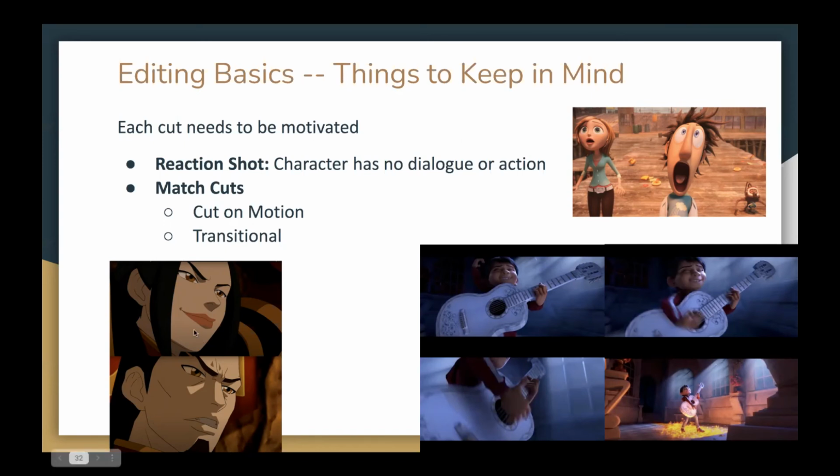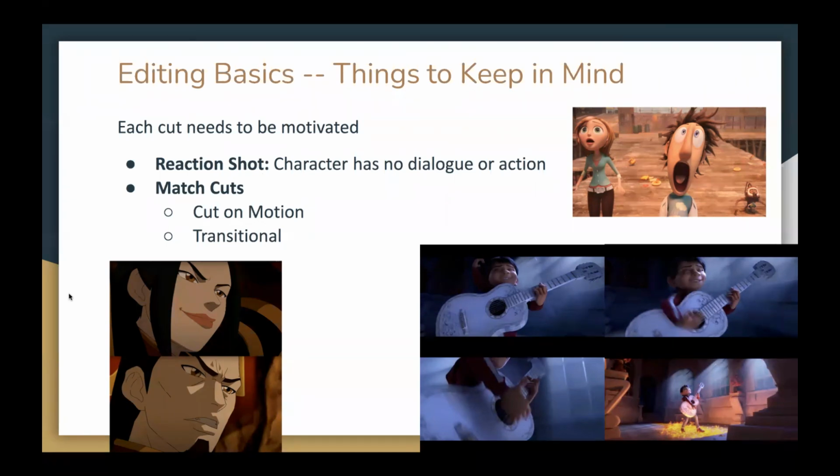And then over here, the transitional match cut. This is when it's going from one scene to a different scene, a completely different action to a completely different action, different subject, different subject. So over here, we've got this character, and she's in the exact same framing.